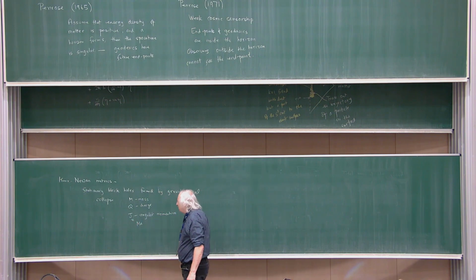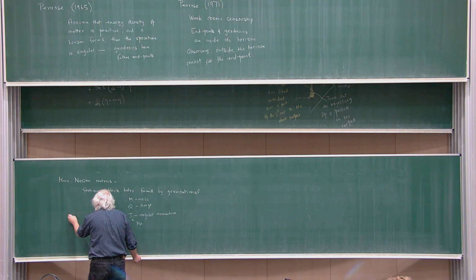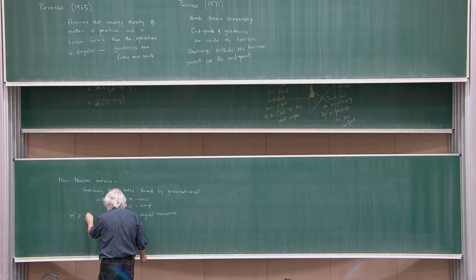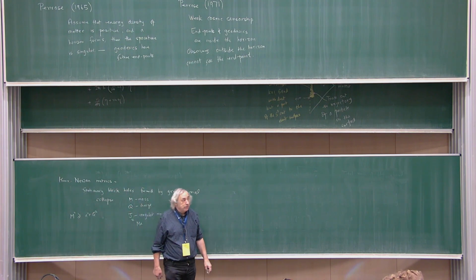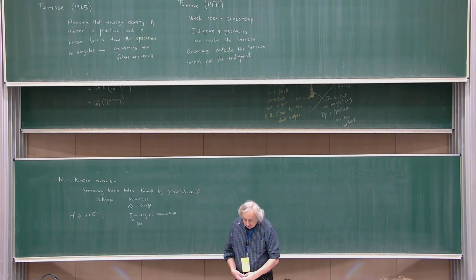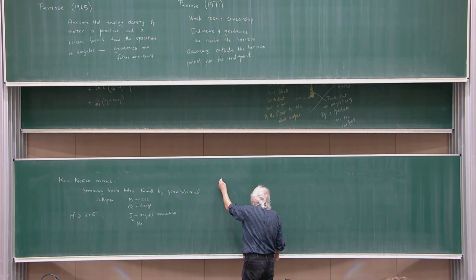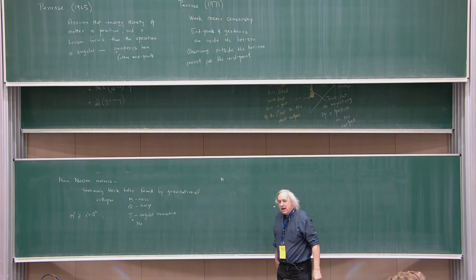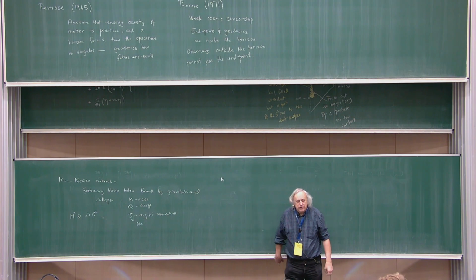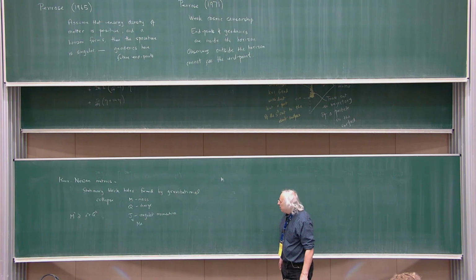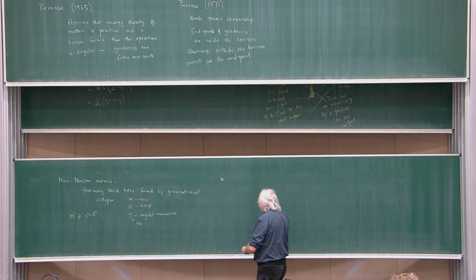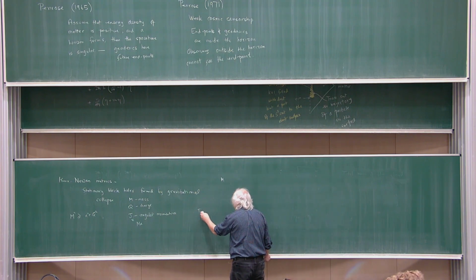And being a black hole requires m squared to be greater than or equal to a squared plus q squared, so that you don't have a naked singularity space-time. Now there's some properties of black holes which are kind of useful. The first is the mass m. A conserved quantity is always associated with a Killing vector, and there is a time translation Killing vector, d by dt.